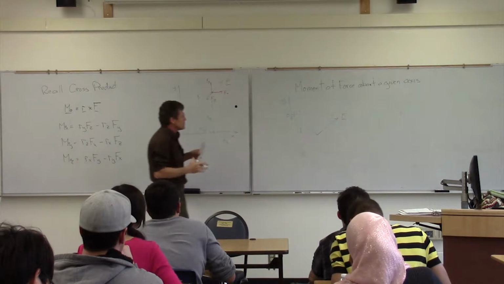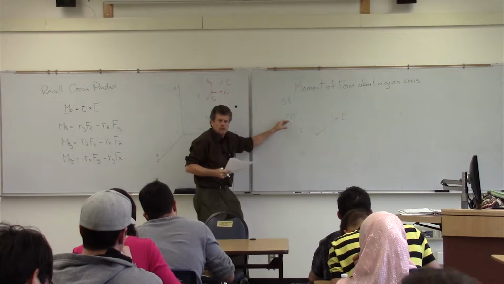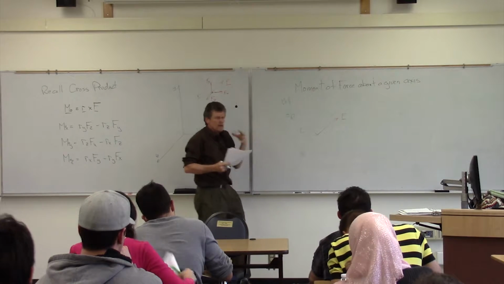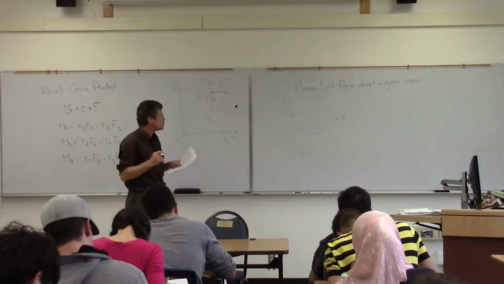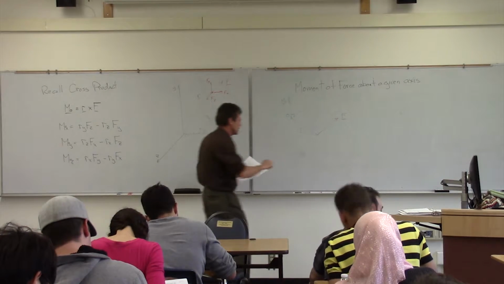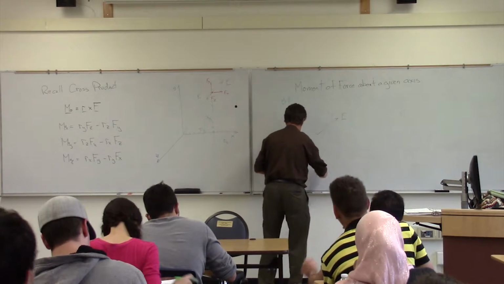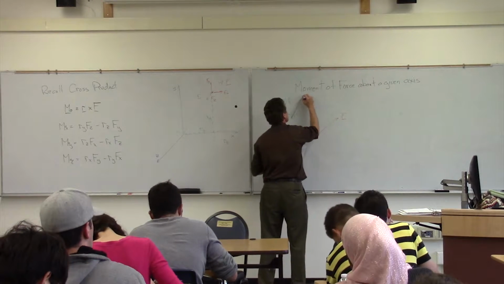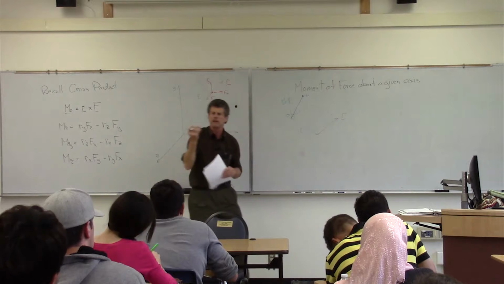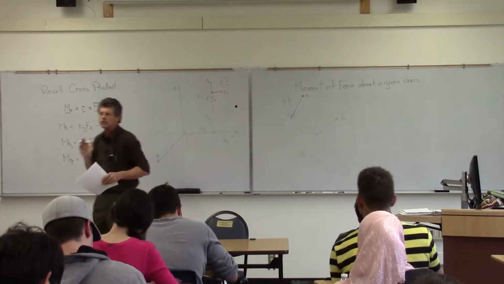Now the point is that when we start looking at structures and materials and that sort of thing, that may not be of interest to me. What I might be interested in is a moment about some axis like so. Maybe that's something where I'm welding two pieces together there.